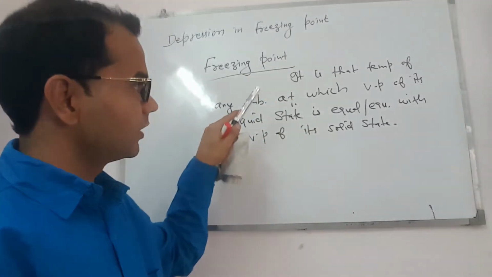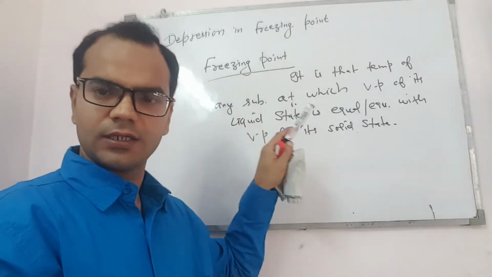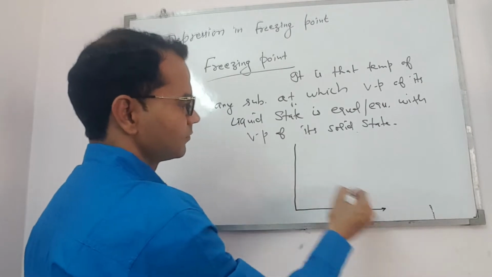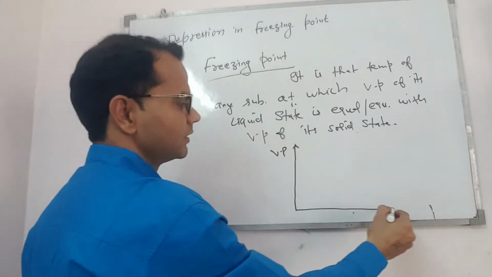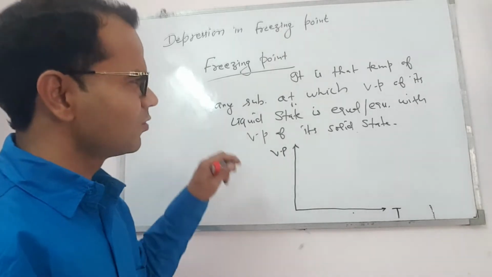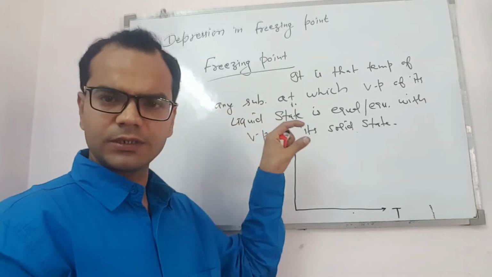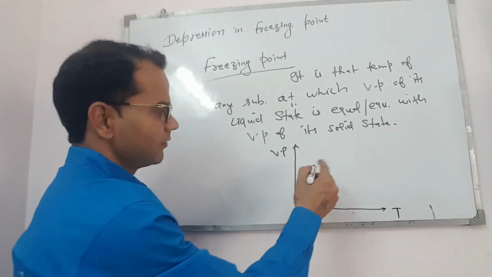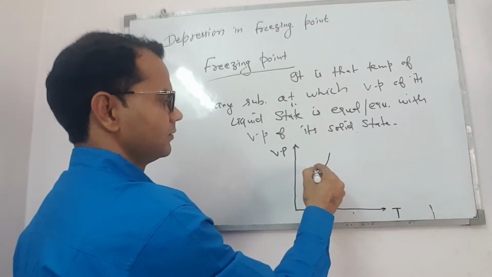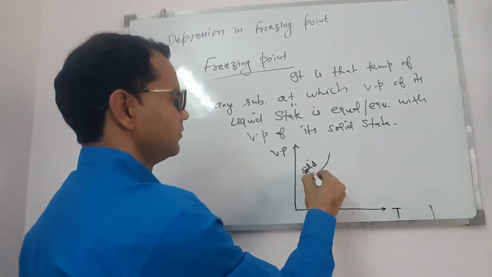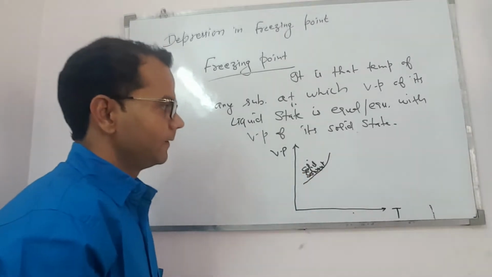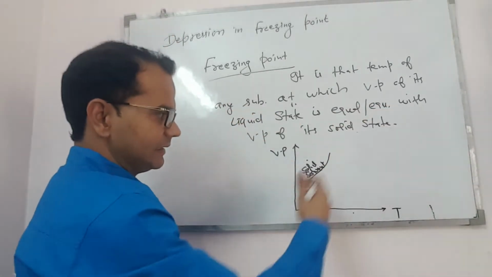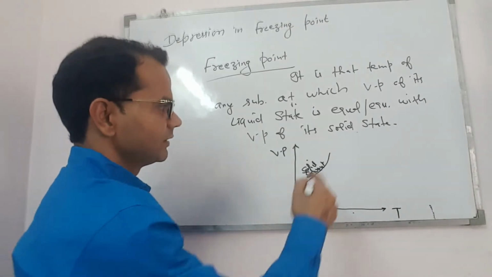Now we are going to discuss this definition with a graph. I plotted a graph, vapor pressure versus temperature. As we know, a solid already has the least vapor pressure, and with a decrease in temperature vapor pressure will decrease. So this is the graph for a solid solvent, and if we take a liquid, with a decrease in temperature the vapor pressure of the liquid also decreases.